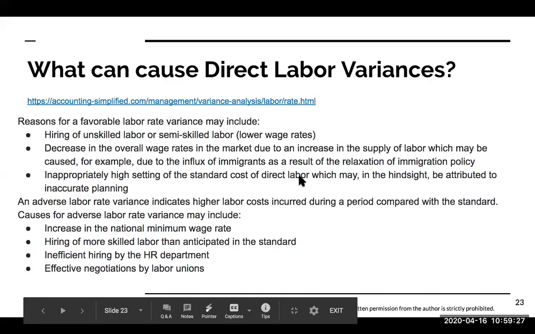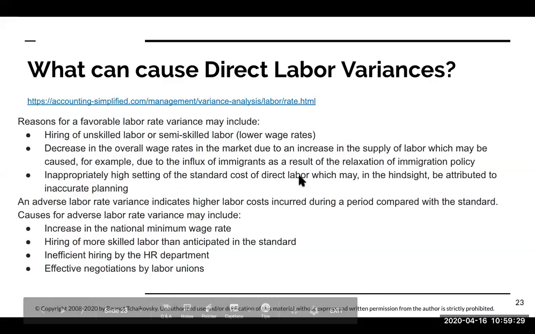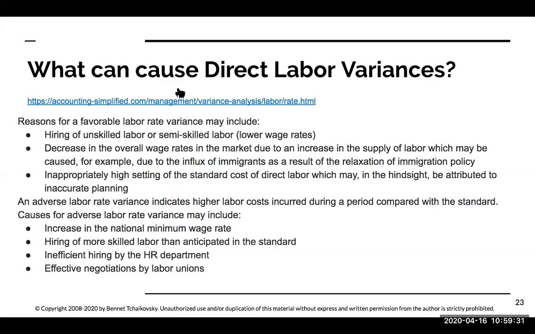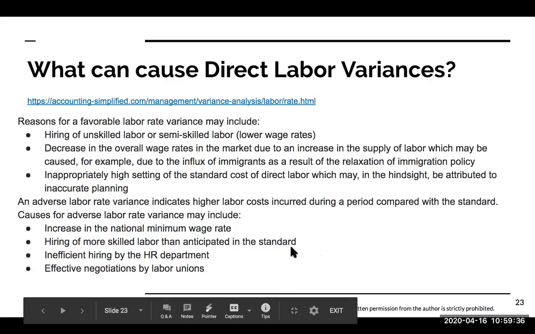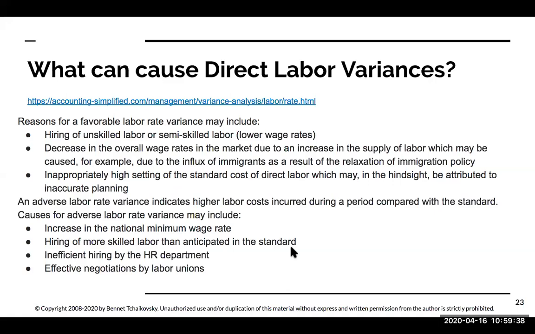This goes true for direct materials, overhead, everything. So again, Accounting Simplified, thank you for pointing that out, because it's a really important part of figuring out: are we at budget, above budget, where are we at?